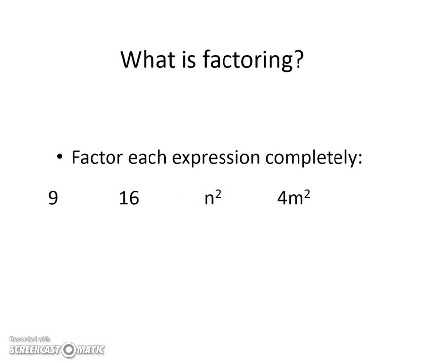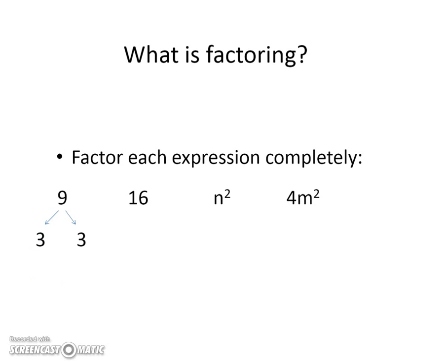Now, what is factoring? Factoring is when we take a number and figure out pairs of numbers that will multiply to make that number. So, for instance, with 9, we have 3 and 3.